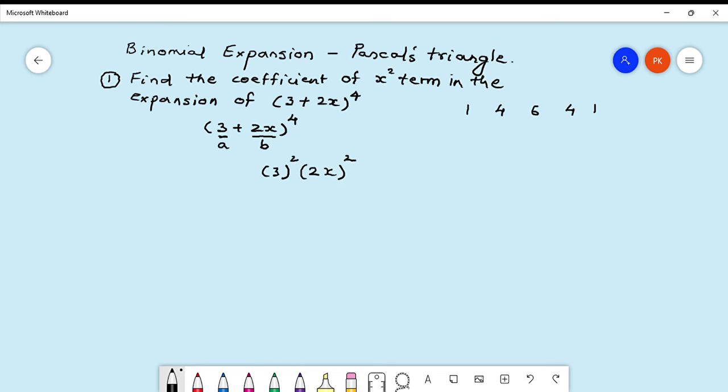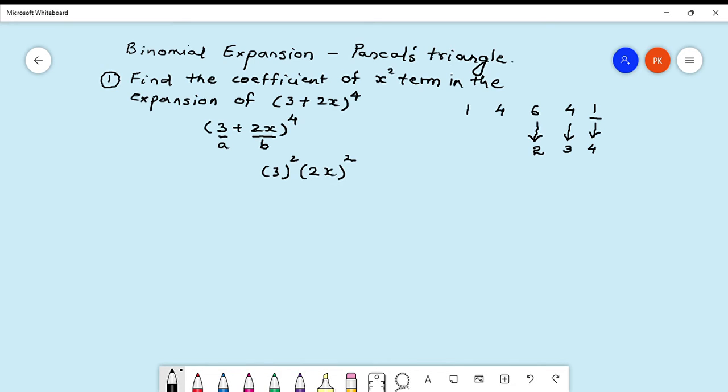Now since 2x is b, start from the right side. In the rightmost term, the power of b is maximum. That means here the power of b will be 4. Second last term, the power of b will be 3. And third last term, the power of b will be 2.